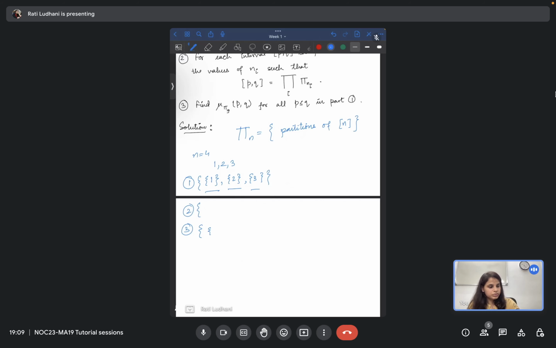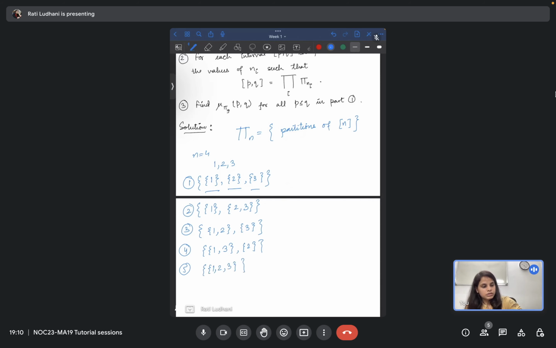If you don't know it from the notes, then I'll just write it like this. So you have 1, and now you club 2 and 3. That is one possibility. So you are done with the singleton one. Now you can take 1 and 3, and you have 2 separated, and the last one 1 2 3.